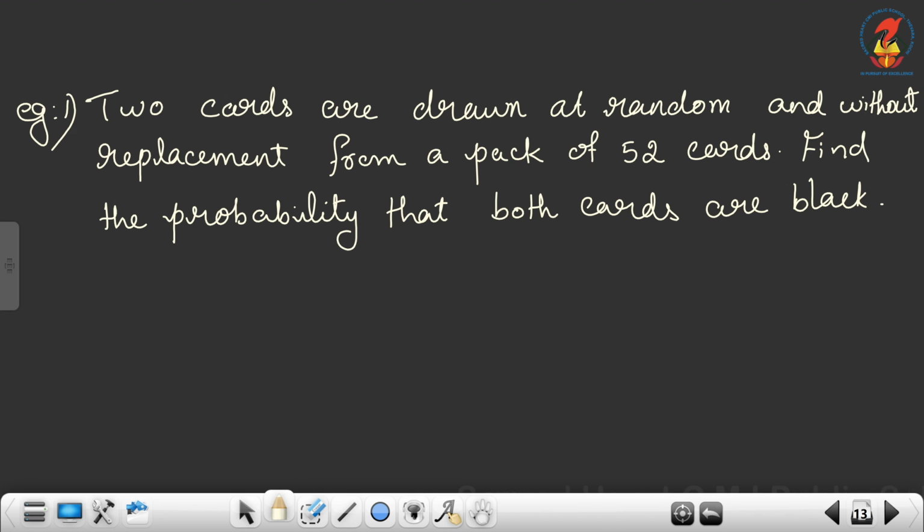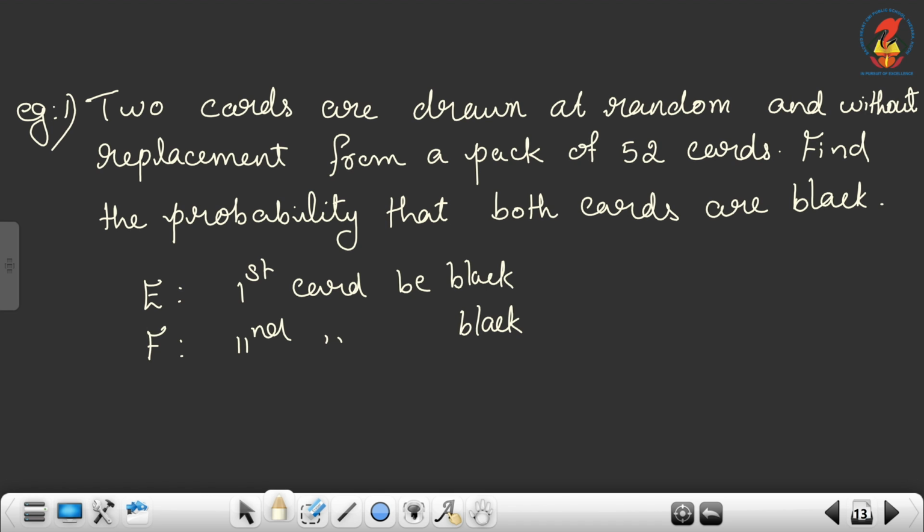Find the probability that both cards are black. So we are taking two cards, and both are black. We can define events. Let E be the event that the first card is black. Now F be the second event, that the second card is black.